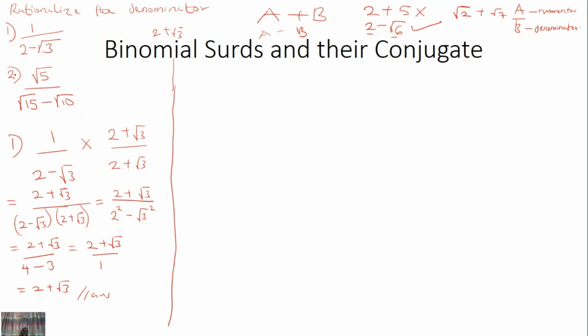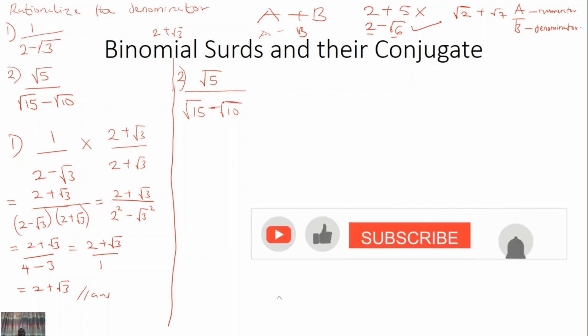Now, let's look at exercise number 2, which is rationalize root 5 all over root 15 minus root 10. If we are to rationalize this, we will first of all need to know what the conjugate of the denominator is.